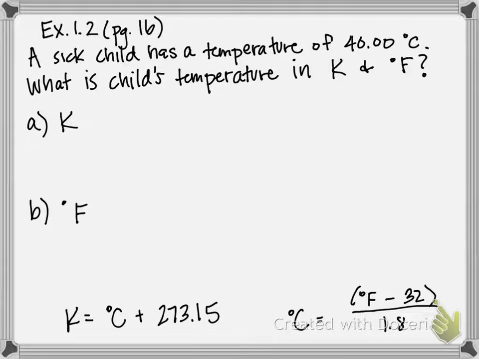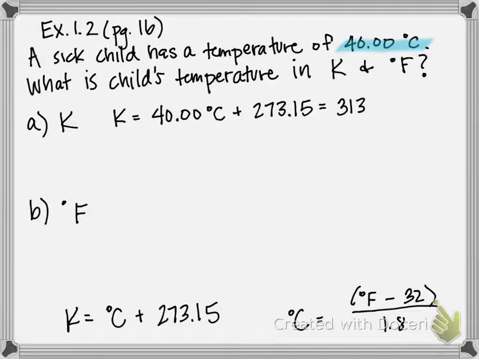So we're going to be using our Kelvin is equal to degrees Celsius plus 273.15. So our problem states that our child has a temperature of 40 degrees Celsius. So Kelvin is going to be equal to 40 degrees Celsius plus 273.15, which if we add those together, you should get a value of 313.15 Kelvin.